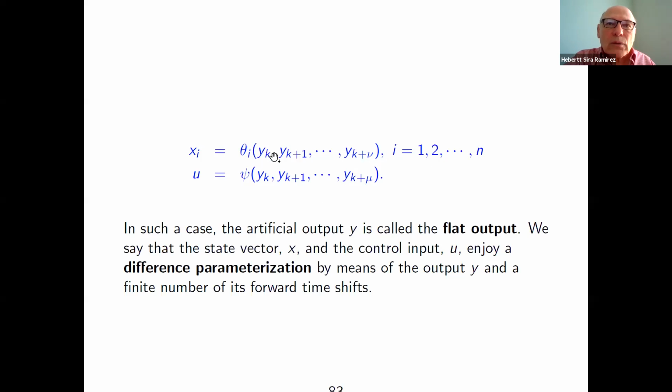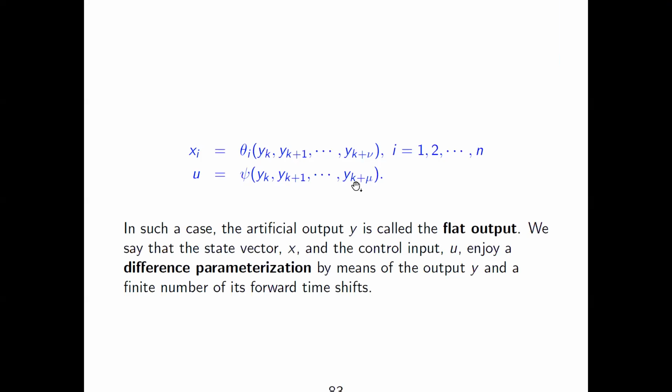Remember, this flat output sometimes is a natural state, but sometimes it's a state that you have to find. It's a combination of states. It's a nonlinear function of the states that you will have to find. You might also need inputs, but we will leave that for the specific case of linear systems, and we will see what the effect of that is.